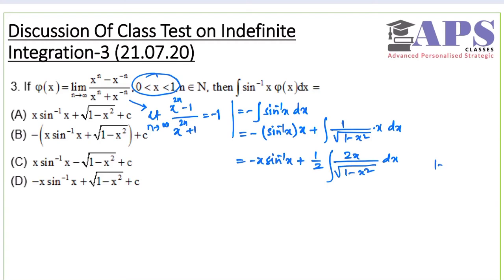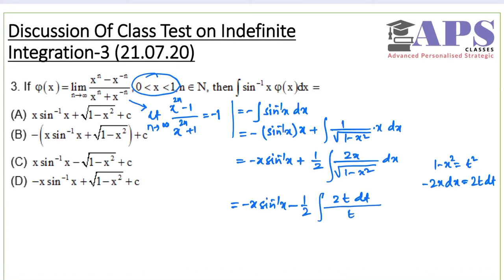Let's take 1 minus x square equal to t square. So that minus 2x dx becomes 2t dt. So therefore this whole thing now becomes minus x sine inverse x, and then I can take minus sign here, so that will give us minus 2x dx, which is 2t dt. Denominator is now t integration. So everything is cancelled.